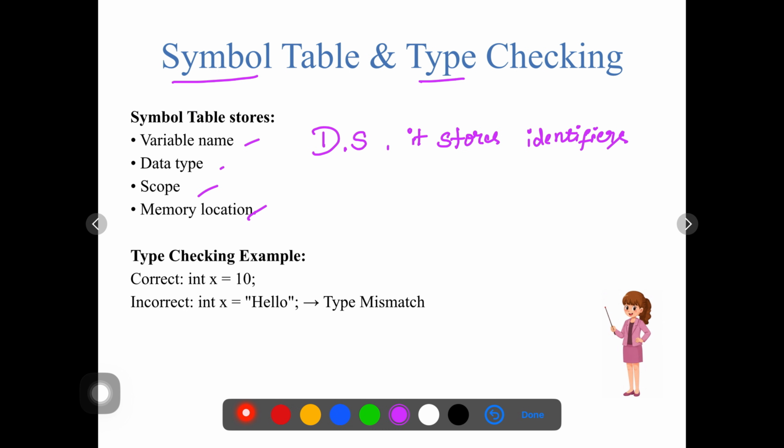For example, int x equals 10 is correct because an integer value is stored in an integer variable. Incorrect would be int x equals "hello". Hello is a string value which cannot be stored in an integer variable. This is a type mismatch, because it is not an integer value.